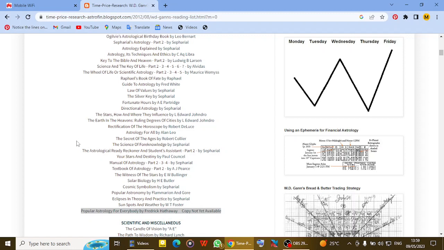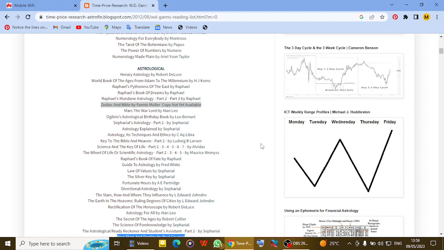Rectification of the Horoscope is applicable to human beings, so you might want to read that. Apart from those, there is Your Star and Destiny by Paul. This is applicable much more to human beings, so you might want to read that. Those are a few recommendations.